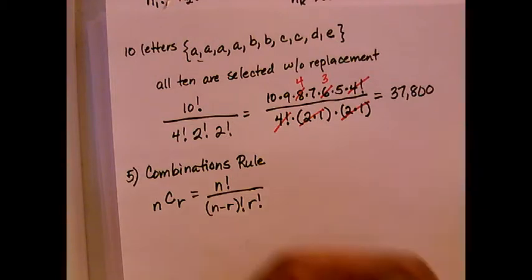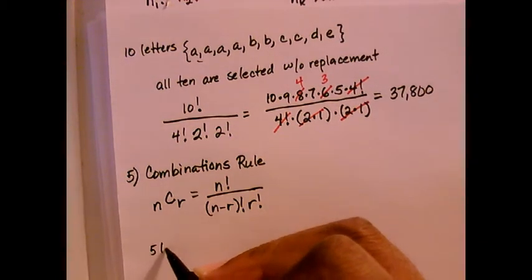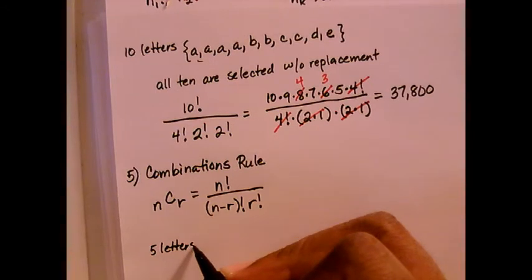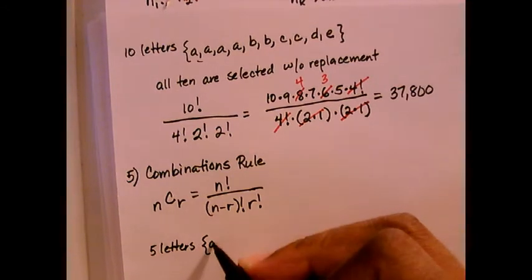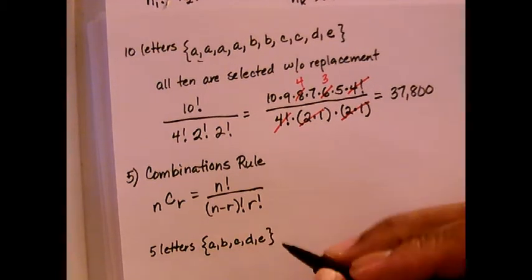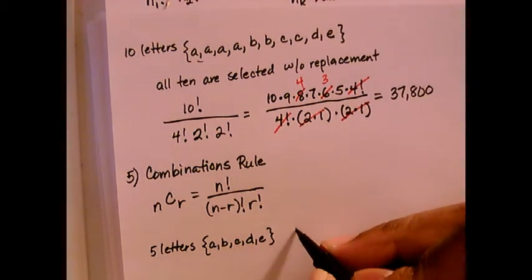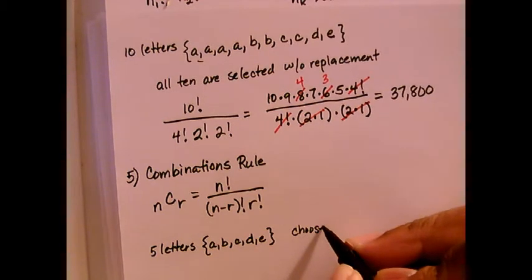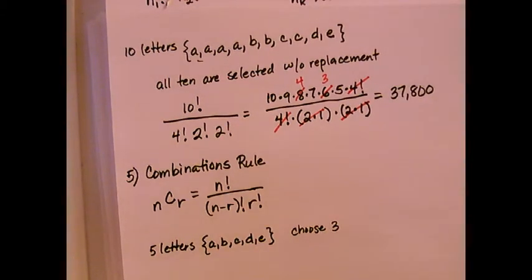Okay. So in this example here, let's say we had 5 letters, A, B, C, D, and E. They're available, but we're going to choose 3 without replacement.